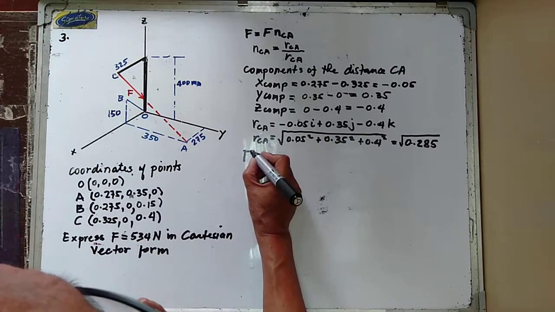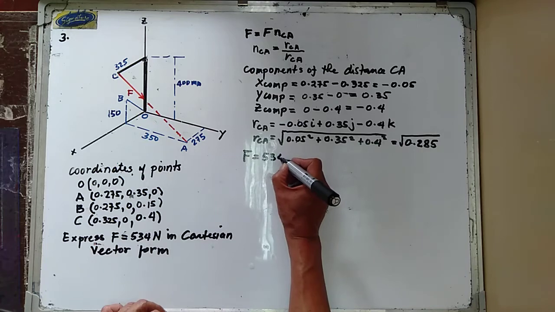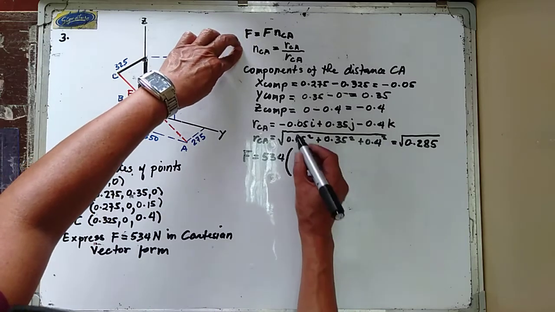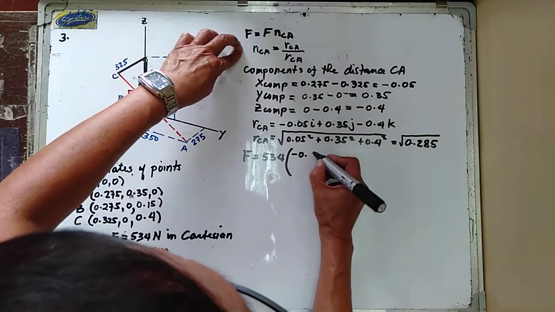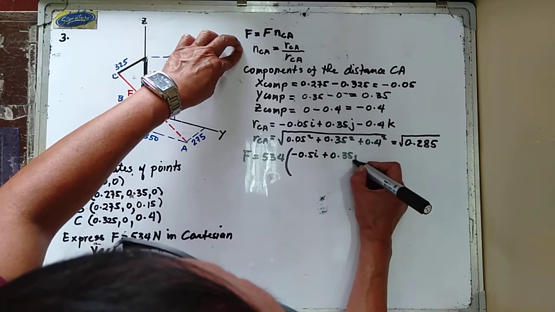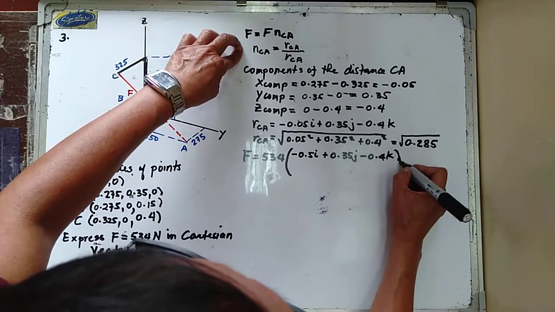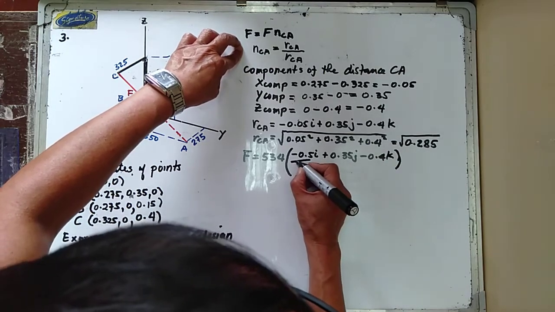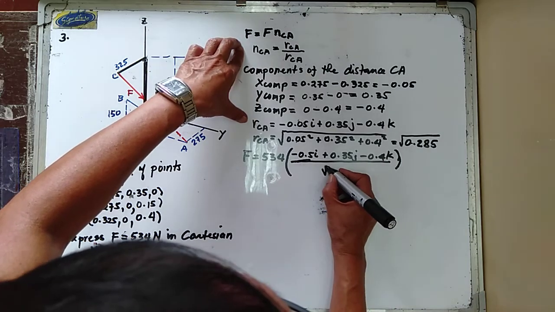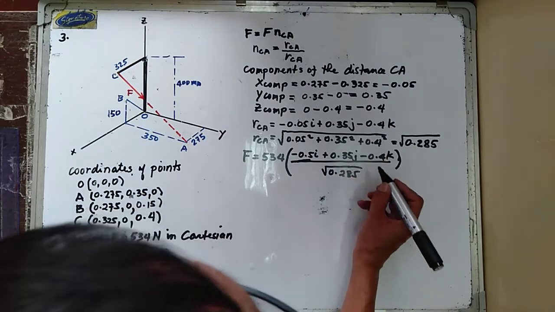Let us now express your F in Cartesian vector form. Your F therefore is equal to 534 times the unit vector CA. So we have the vector distance CA, negative 0.05 i plus 0.35 j minus 0.4 k, divided by the scalar value of this vector distance CA, which is the square root of 0.285.